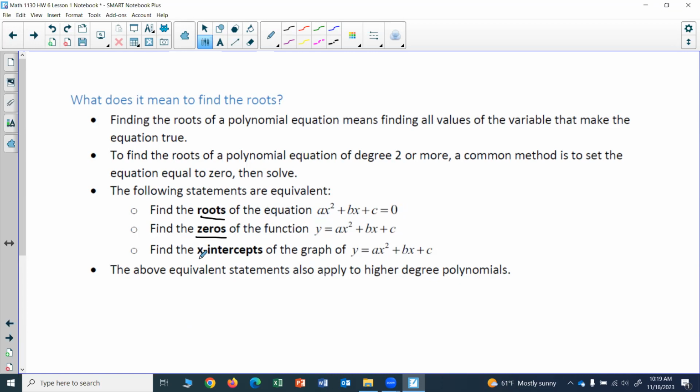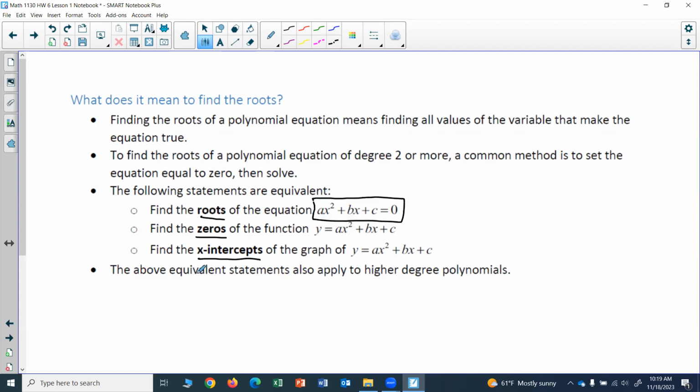Or find the x-intercepts of the graph of y equals ax squared plus bx plus c. Recall that to find x-intercepts, you let y equal 0. So they all really boil down to ax squared plus bx plus c equals 0 and solving that.